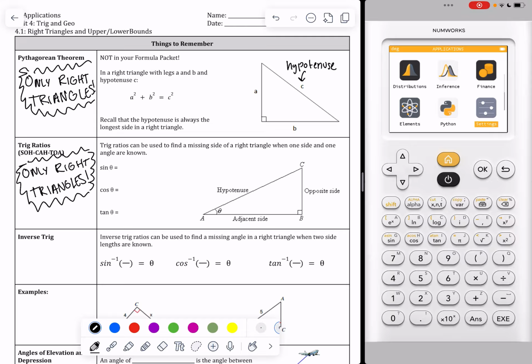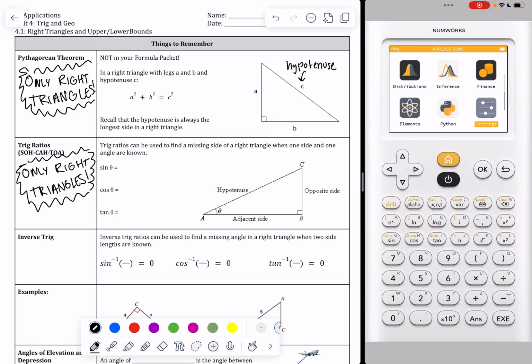So if we're trying to find an angle, so for example, if we've got theta right here, the adjacent side is always the side that's touching the angle, besides the hypotenuse. There's the hypotenuse, always the longest side, and then the other side touching our angle is the adjacent side, and then the side across from that angle is the opposite side.